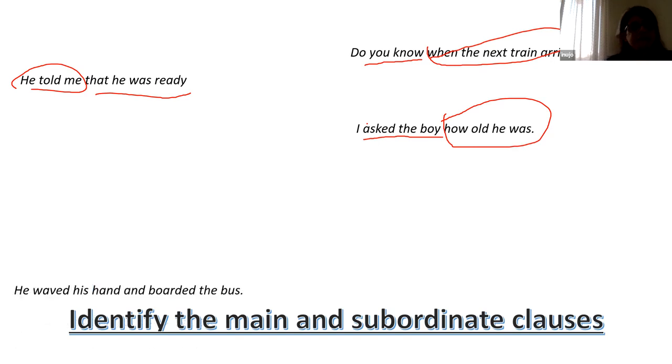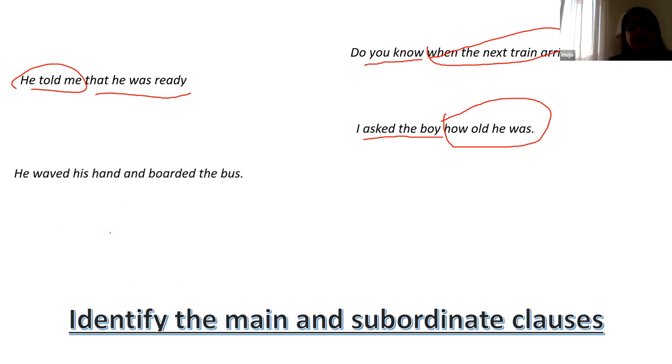All right. So then, he waved his hand and boarded the bus. Children, this is a very important sentence. He waved his hand. This is one complete sentence, so this is a main clause. Then you can always write, and he boarded the bus. He waved his hand and he boarded the bus. Instead of that, we are saying he waved his hand and, using the conjunction and, boarded the bus.